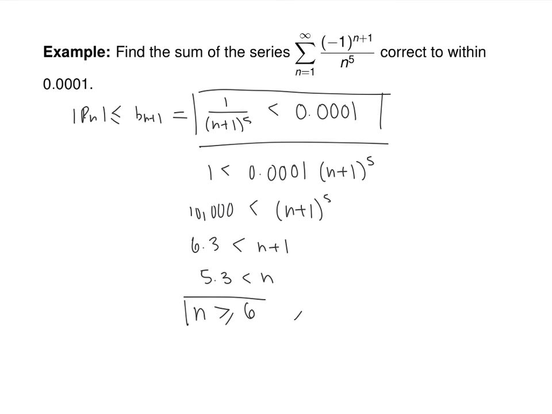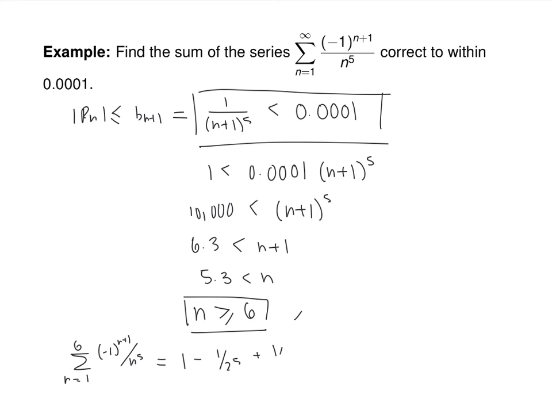So as long as our n is bigger than or equal to 6, our sum will be correct to within desired accuracy. So we can estimate this using the sum from n equals 1 to 6, negative 1 to the n plus 1 over n to the 5th. Well, inputting our numbers, when we input 1, we'll have 1. When we input 2, we'll have minus 1 over 2 to the 5th.